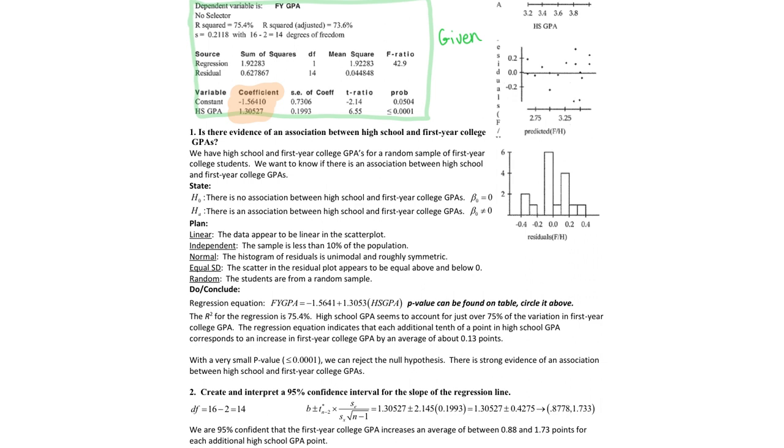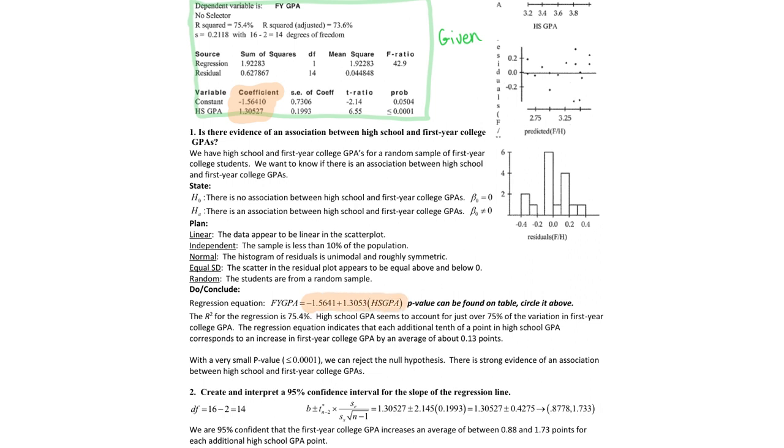So a coefficient to a constant is just a constant. The coefficient to your x value, your high school GPA, is your slope. So if we were talking about y equals mx plus b, the negative 1.56410 is what's giving us this.